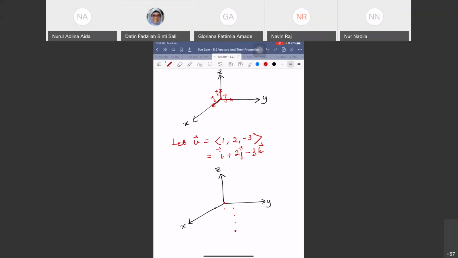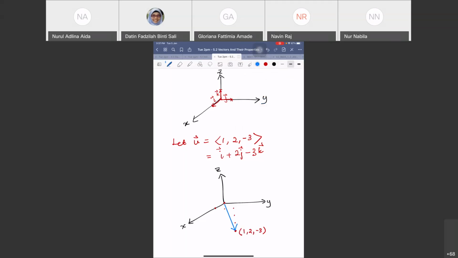So I can write it like this in terms of a point, but because this is a position vector, my vector is like that, with an arrow.